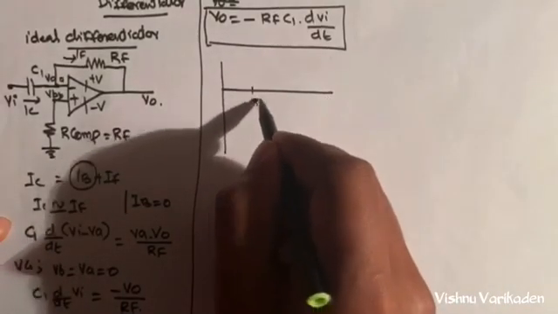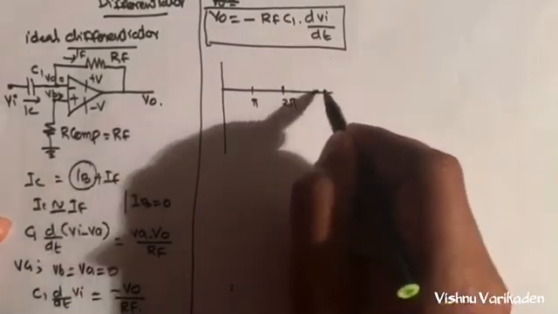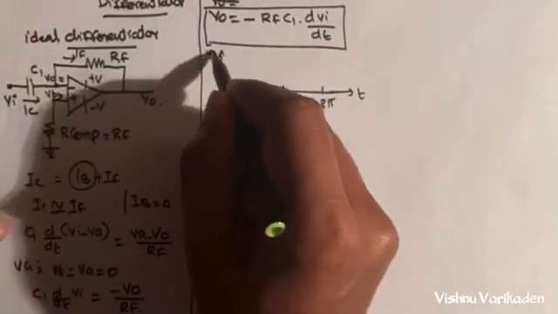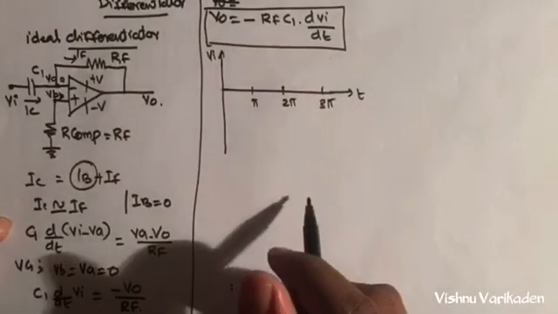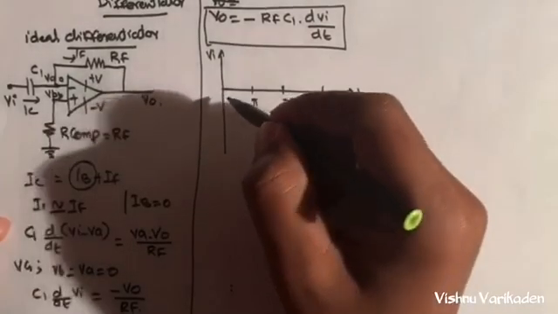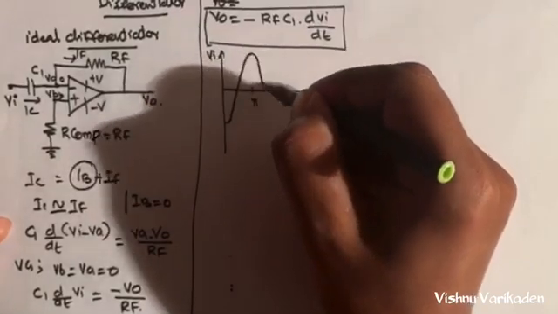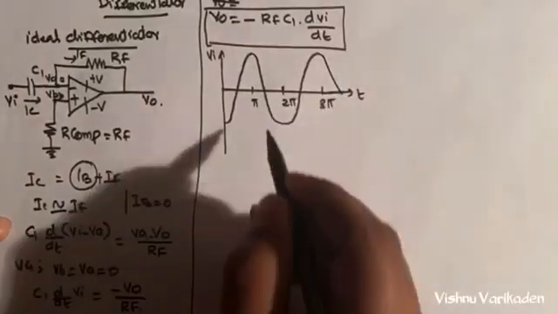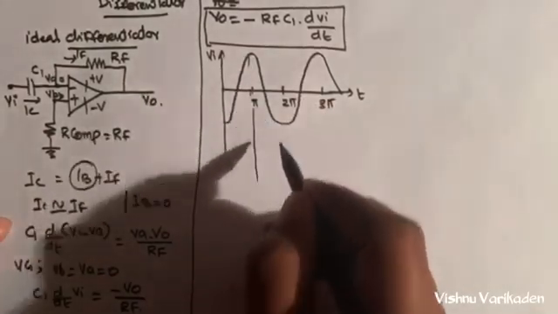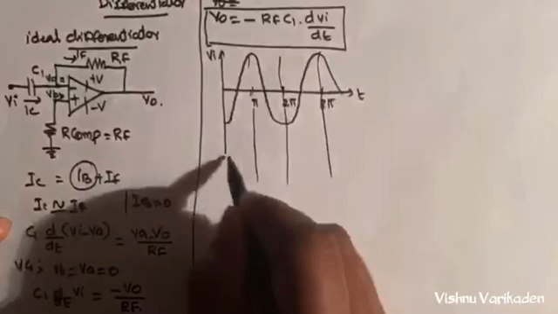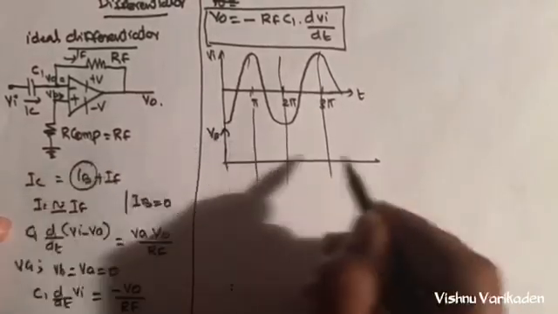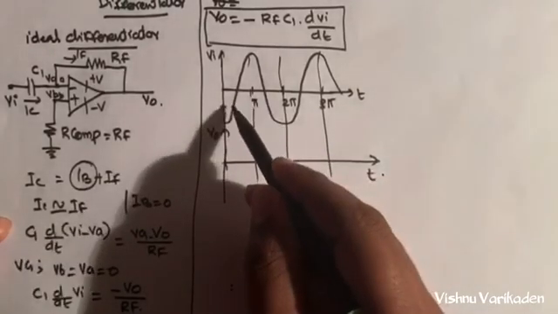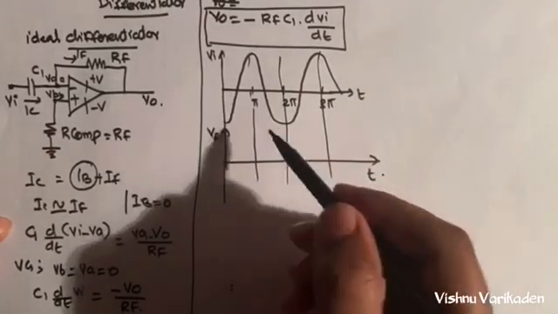So there is a cosine wave I am applying, so we will get the sine wave. So we can write like this. There are the pi values, 2 pi, 3 pi. So what about the V out? Whenever the cosine wave is coming, what about the output?